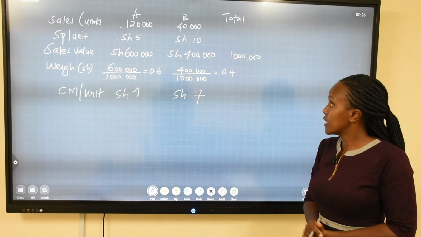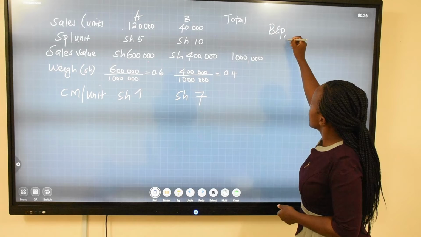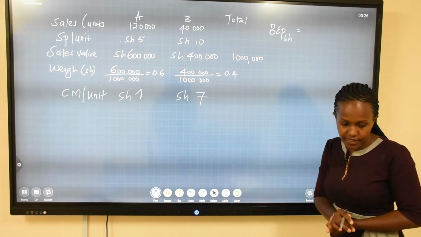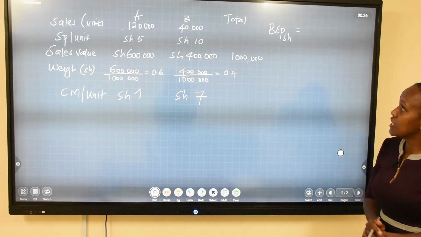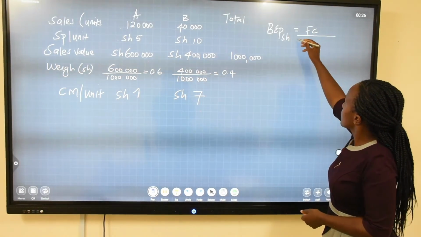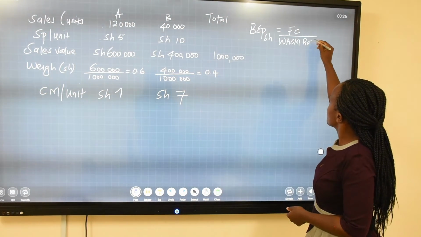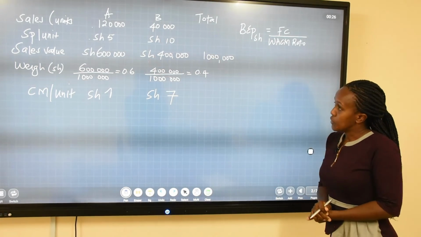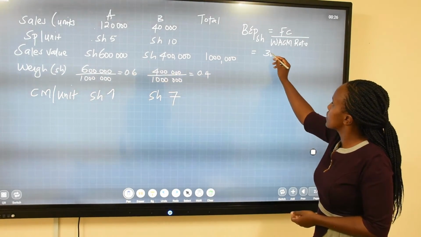Having this in mind, now we can do the break-even point, BEP, but this time in shillings. We want to get the answer in shillings. So for us to be able to get BEP in shillings, it is equal to fixed cost over weighted average contribution margin ratio. So our fixed cost is 300,000.